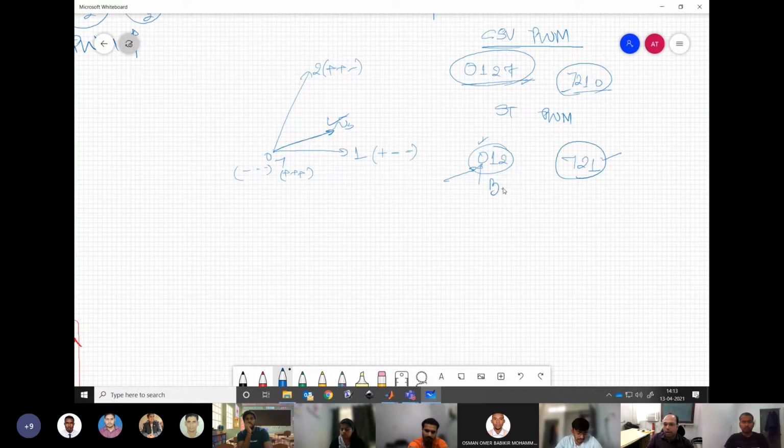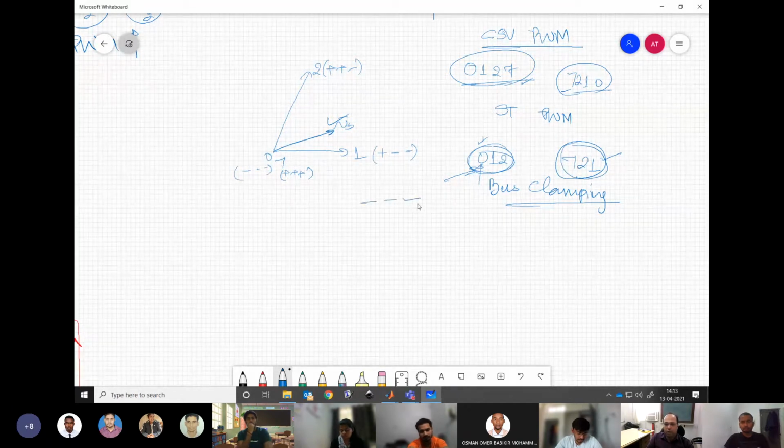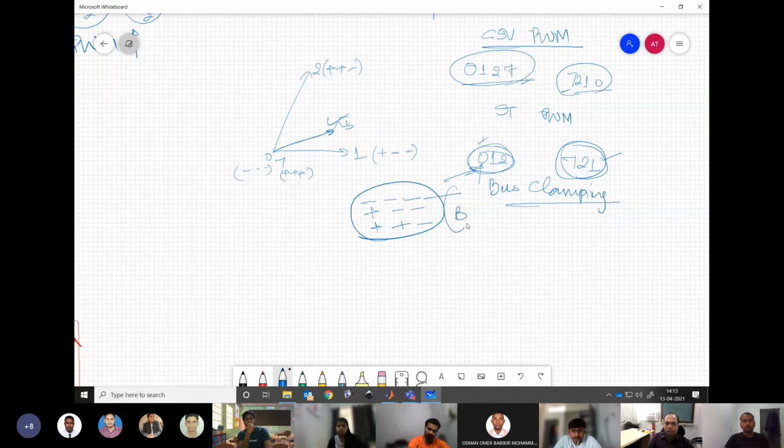So we found that these methods actually correspond to bus clamping techniques, because the particular phase is not switching if you apply these sequences. So let's say for 0012 we have minus minus minus, then plus minus minus, then plus plus minus. So here we have B phase clamped.